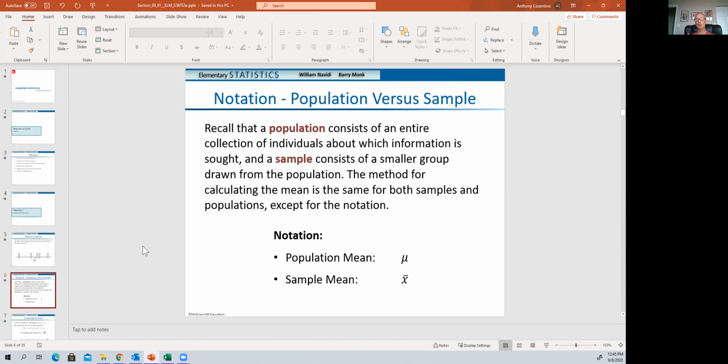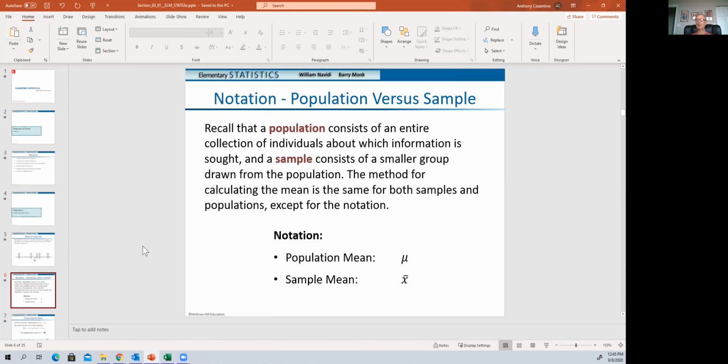And so you'll see that when we walk through these calculations, we're going to give you equations for both. Some of them are the same and some of them are slightly different. My personal feeling is I always deal with samples, so I always use the sample calculations. But as a strictly statistical class, I want to make sure we talk about both of them.